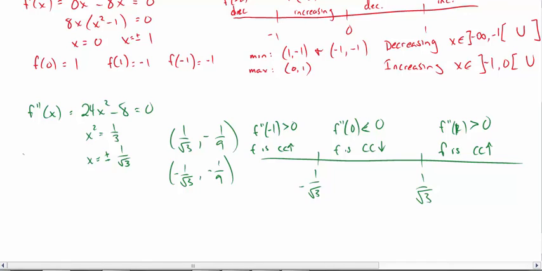So since we're changing concavity at these 2 critical values, we know that both of these are points of inflection.